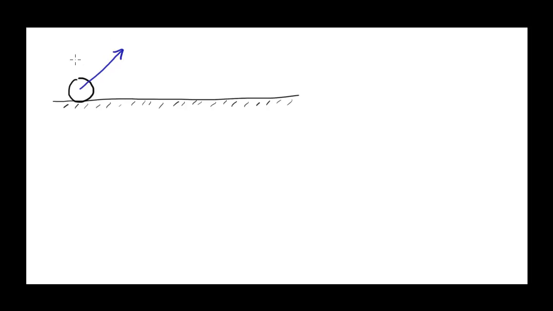Let's say that this initial velocity v is 15 meters per second. And let's say that this angle right here is 25 degrees. So that's 25 degrees, 15 meters per second. And maybe I'd like to know two things. Maybe I want to know the range.